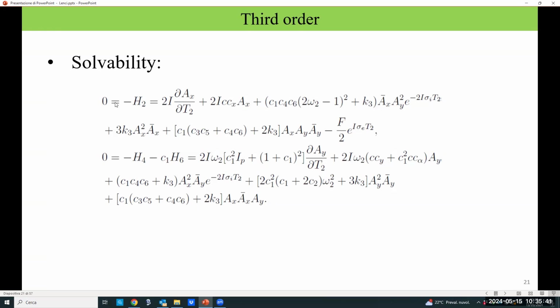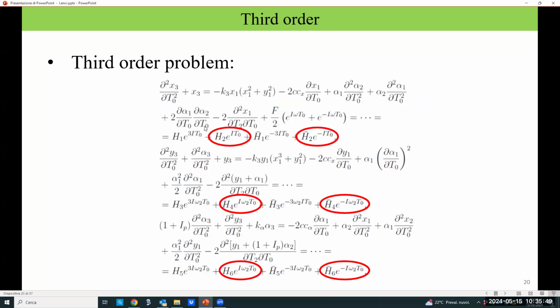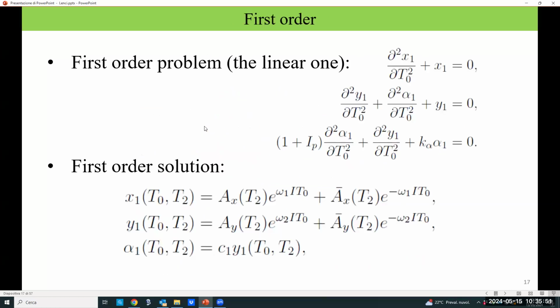At the end of the day, you end up with these two equations in the two unknowns AX and AY. Let me go back. What is AX? Here it is. AX is the amplitude of the along-wind oscillation. AY is the amplitude of the crosswind oscillation and also of the rotations. So AX along wind, AY crosswind.